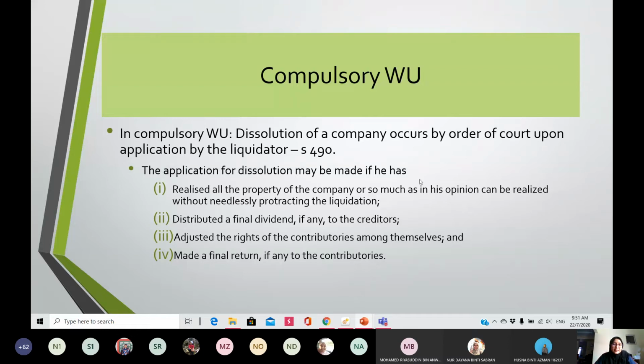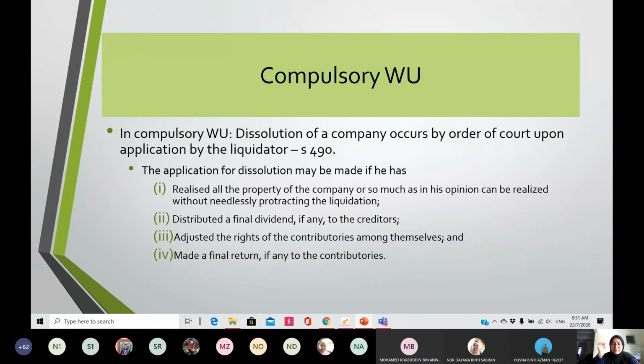Okay. So kat sini the application for dissolution may be made if he has realised all of the property of the company. Okay, ada soalan ke? Okay, distributed a final dividend. So maksudnya bila semua proses dah habis, dah bayar dekat company, dekat creditors apa semua, baru dia boleh buat application for dissolution.